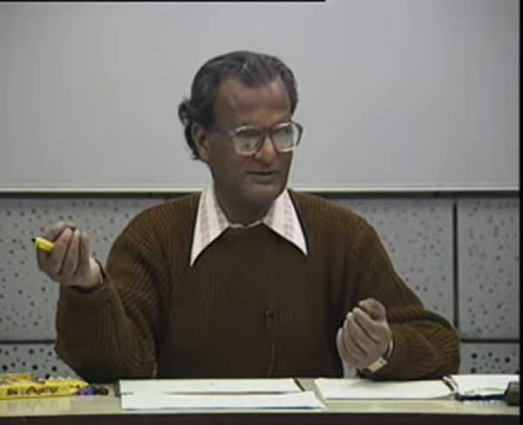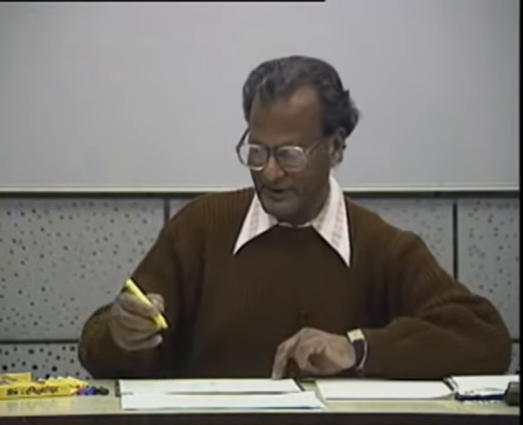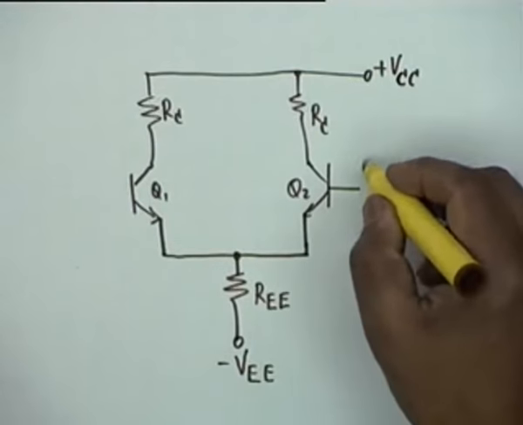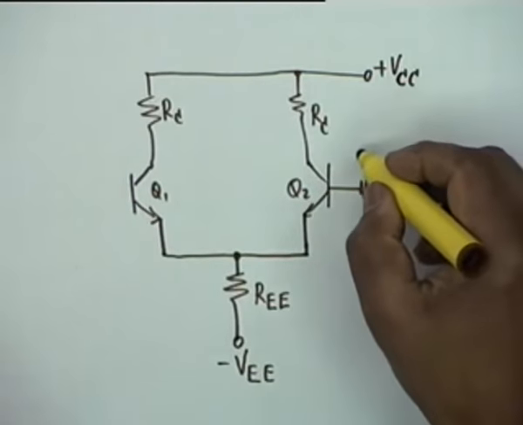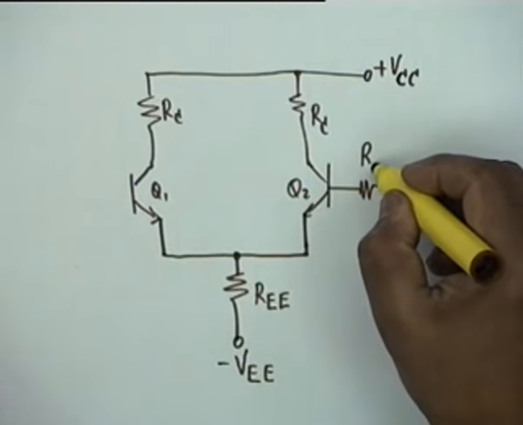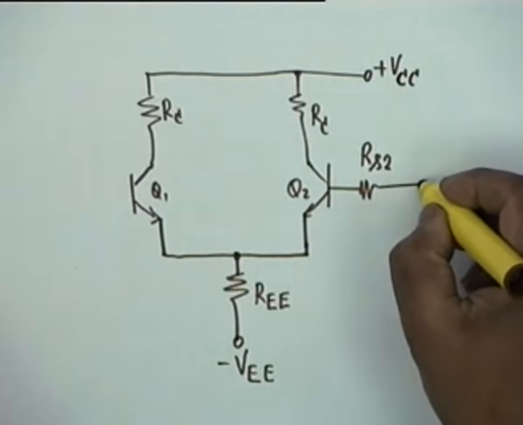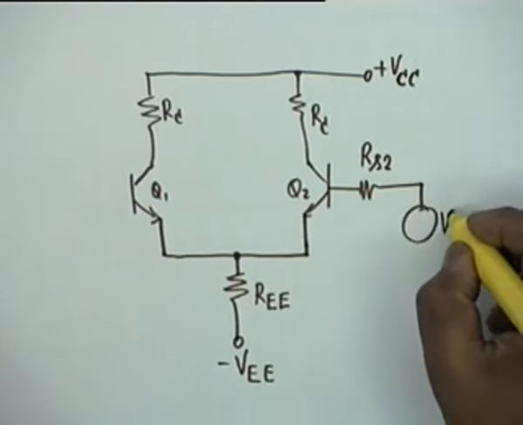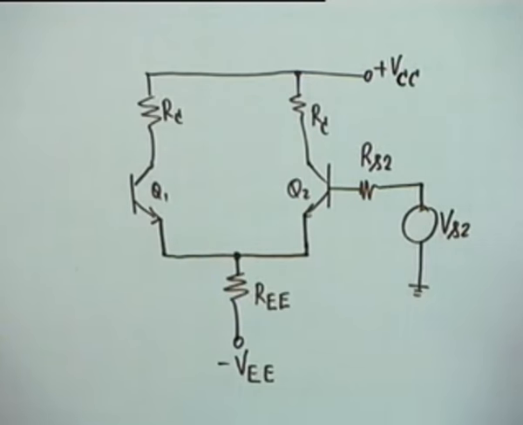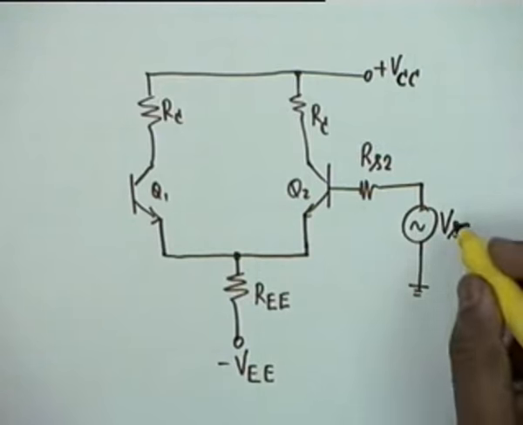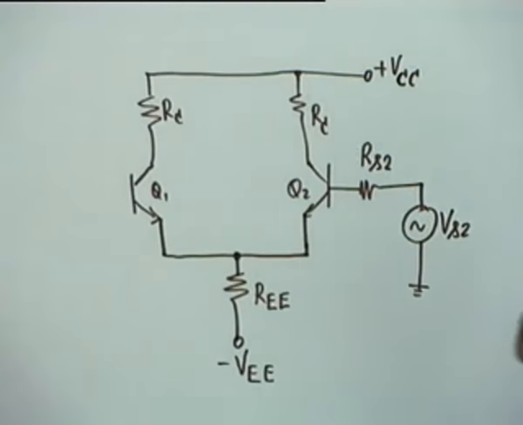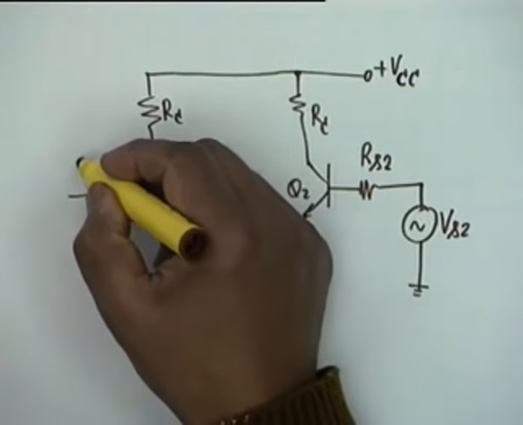Otherwise, integrated circuits are available as a package. You can connect any terminal to ground, your choice. But this reference of zero potential is set by the common point of the power supply. Then to the base you have an RS2, a voltage source VS2. This is the signal, the RMS value VS2, and similarly you have an RS1.